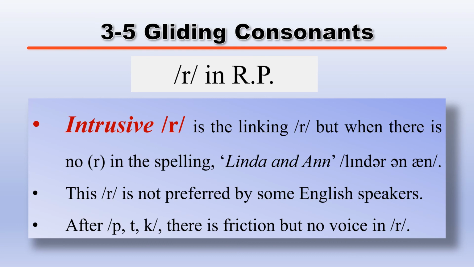With the linking ra, we have the letter ra in the spelling. But in the intrusive ra, from the name intrusive, we intrusively add it. For example, Linder and Ali, or Linder and Anne. But this ra is not preferred by some English speakers.